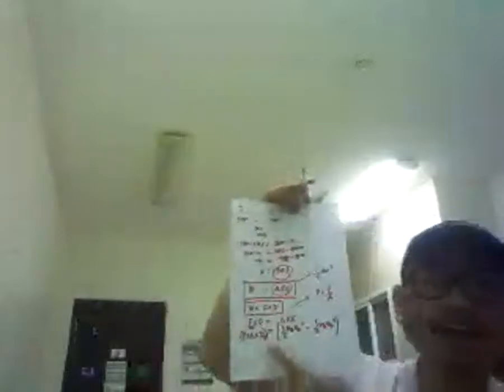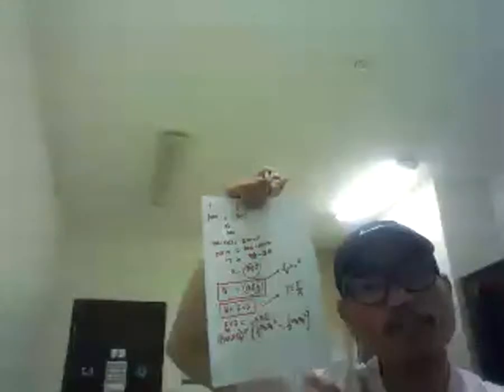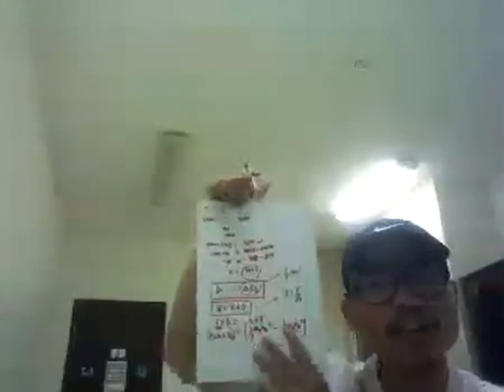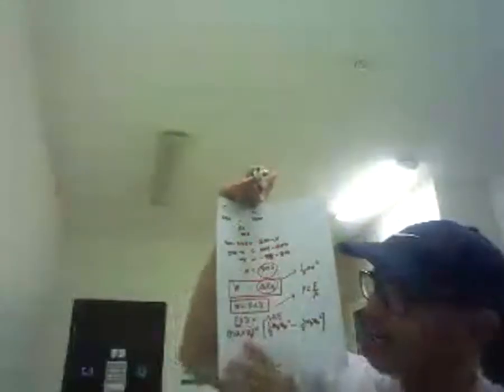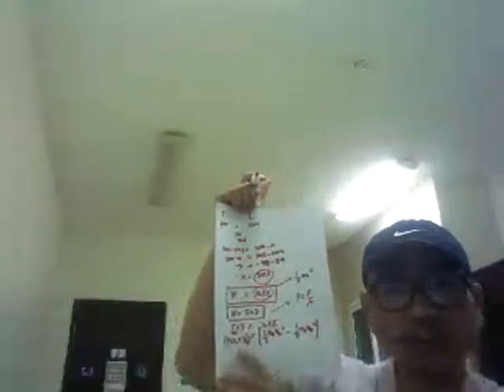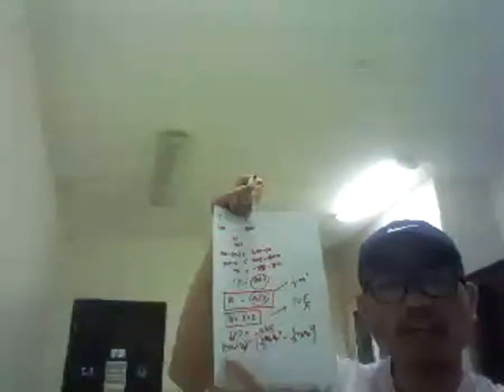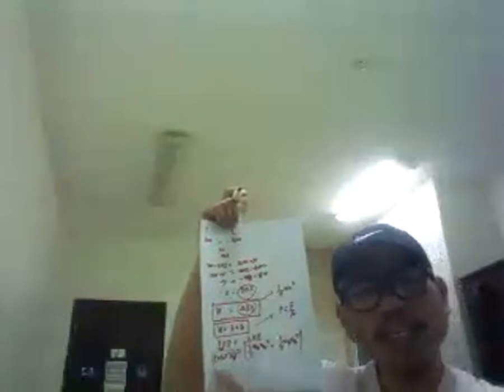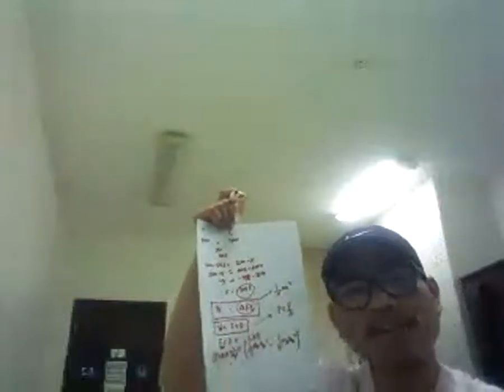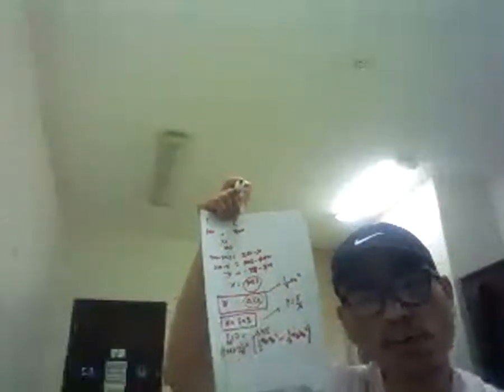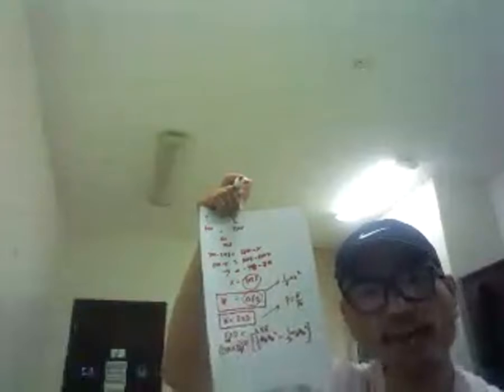Investigate the unit of distance, that is meter, because all we'll be dealing with here is meter. It's metric. Area is also square meter. And pressure, what is pressure? Pressure is Pascal, that is Newton per square meter.